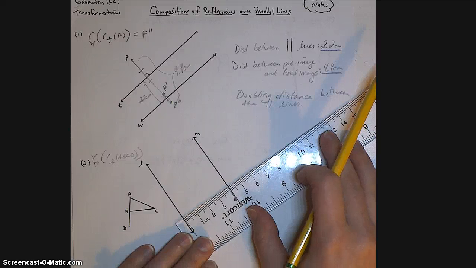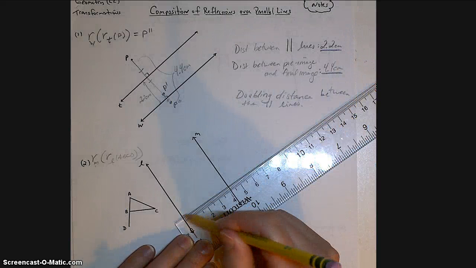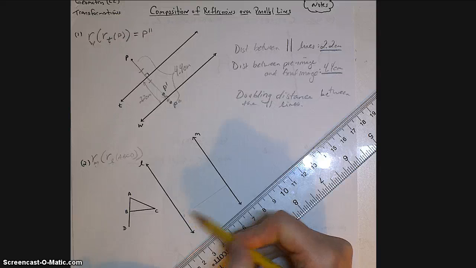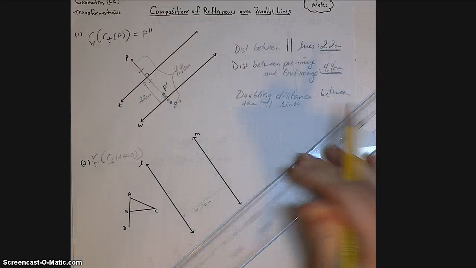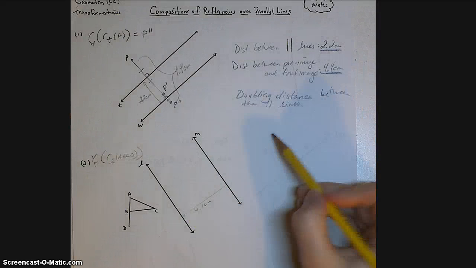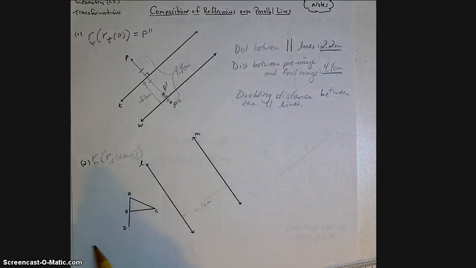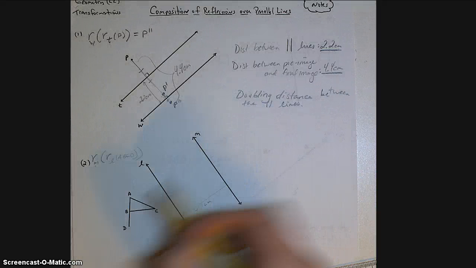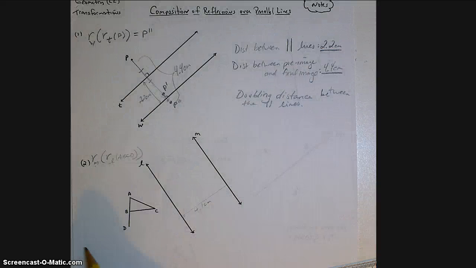I'm going to put that down here. So that means that the distance I need to slide this little flag over is going to be double. So 2 times 4.1, which is going to give me 8.2 centimeters.